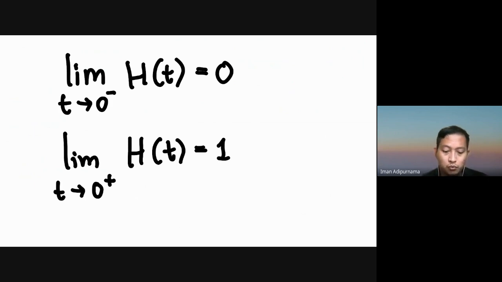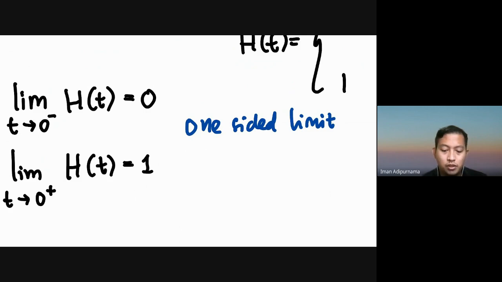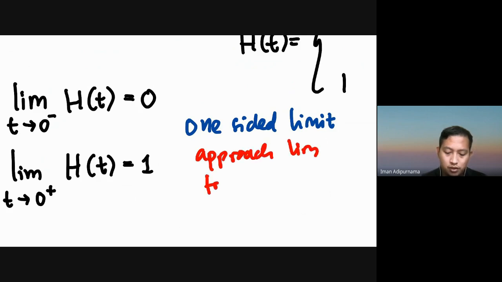And this is what we call a one-sided limit. So a one-sided limit is where we approach the limit from one side only.